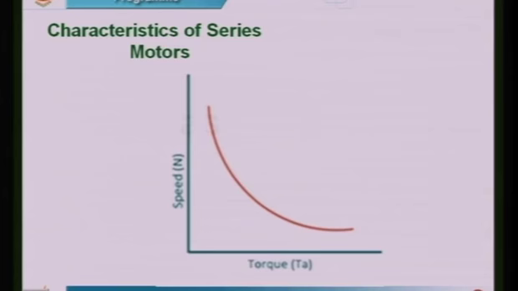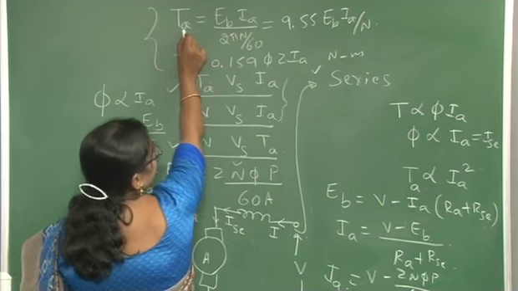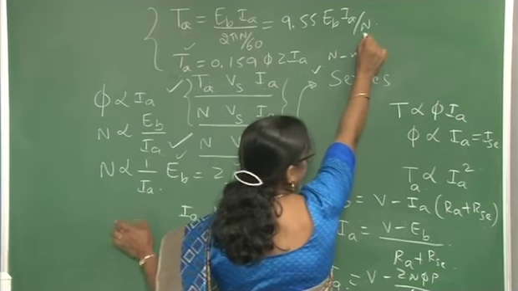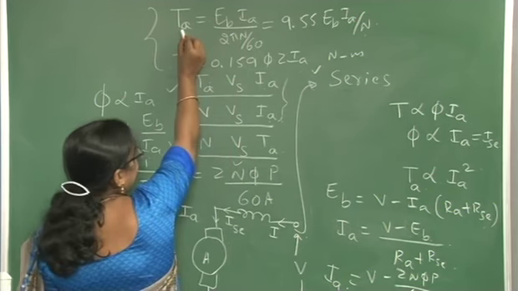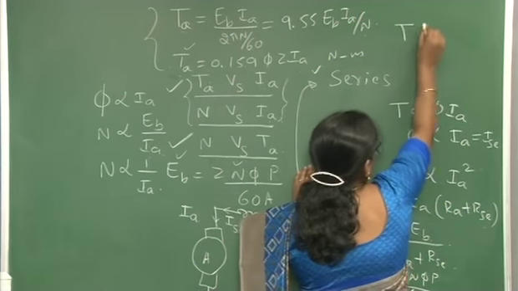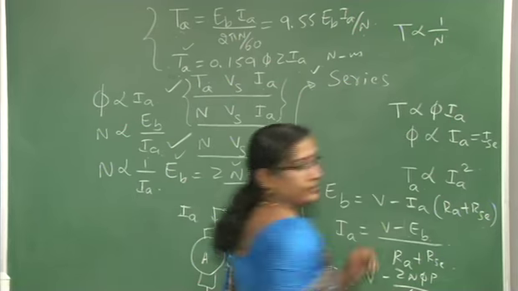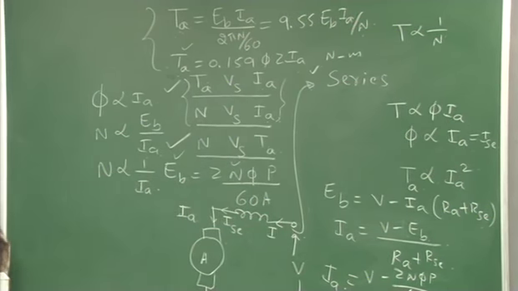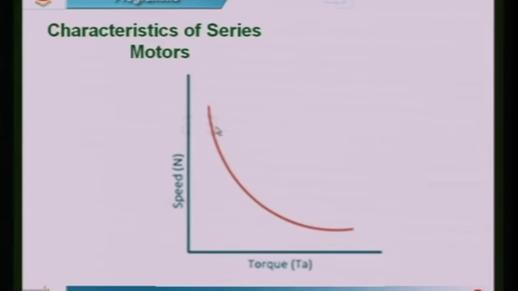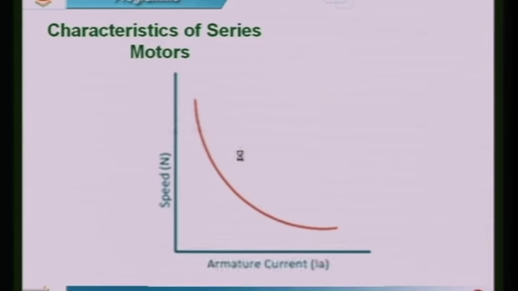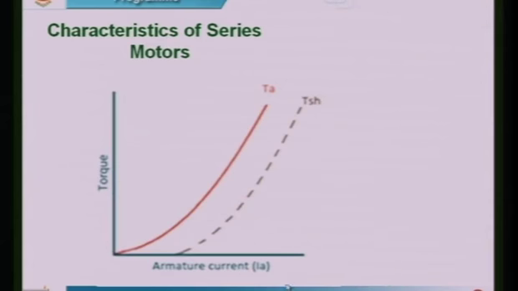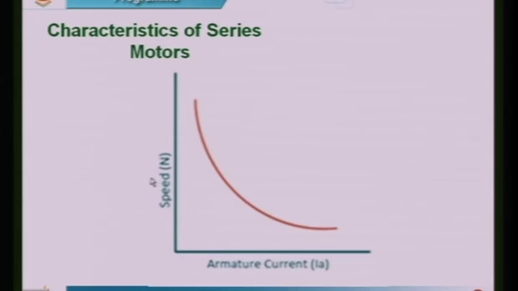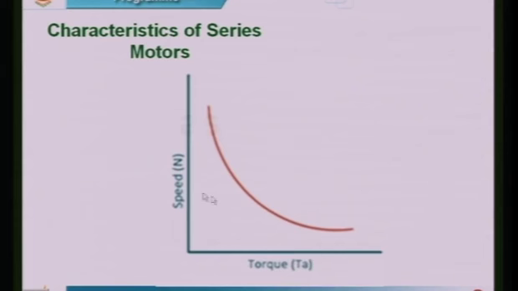We have also seen that the armature torque is inversely proportional to the speed, so the inverse characteristic is represented in this manner. These are the characteristics of the DC series motor: first, torque versus armature current; next, speed versus armature current; and third, speed versus torque.